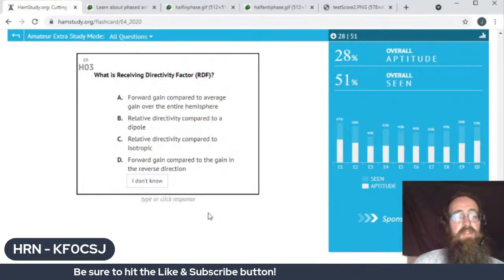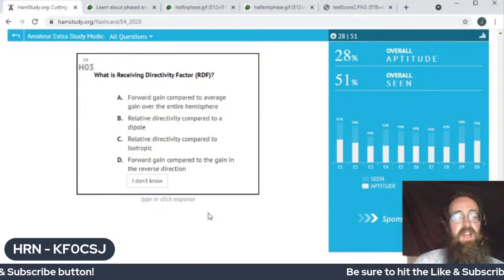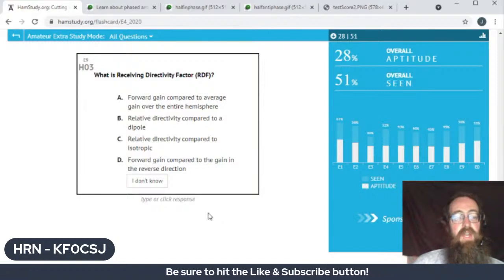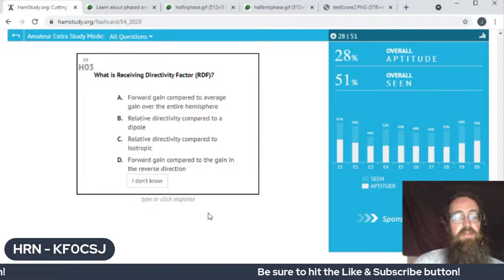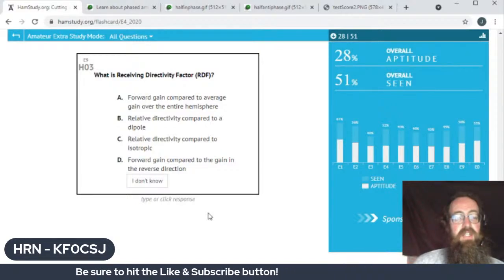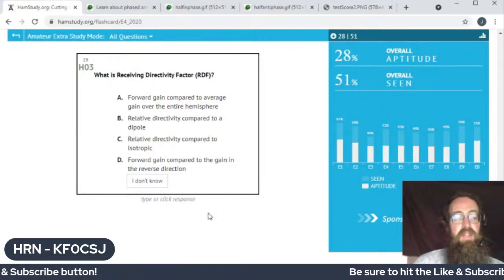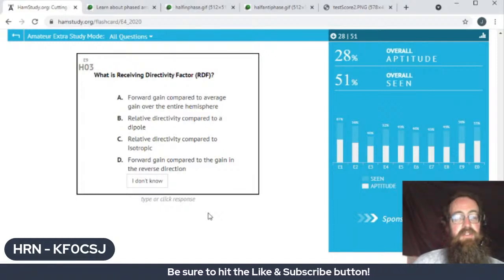What is receiving directivity factor, RDF? A, forward gain compared to average gain over the entire hemisphere. B, relative directivity compared to dipole. C, directivity compared to isotropic. D, forward gain compared to the gain in the reverse direction.